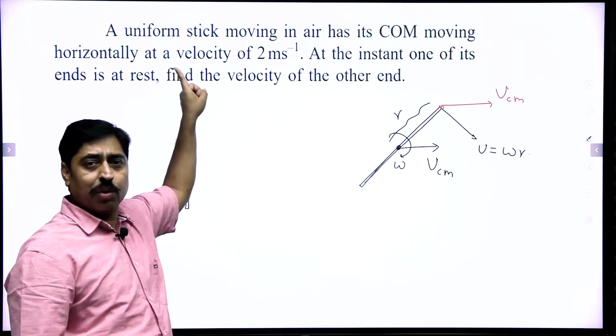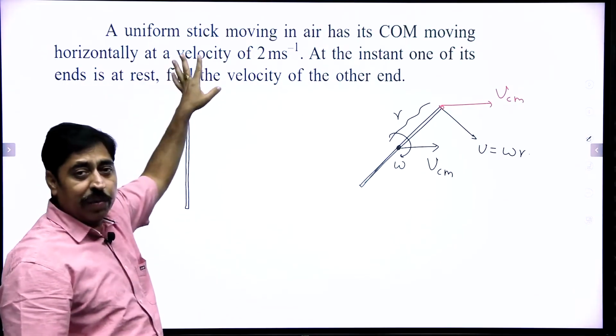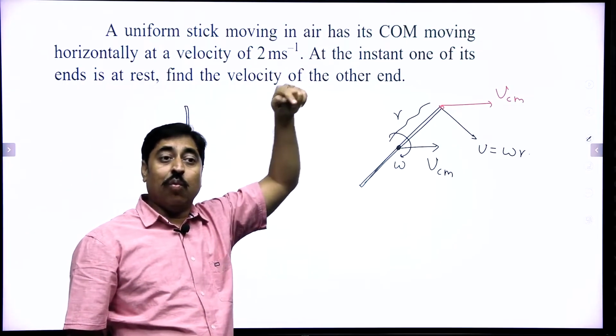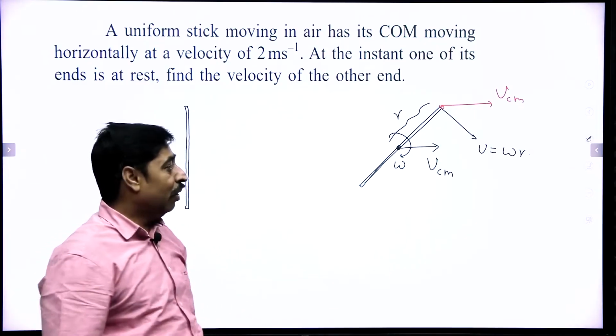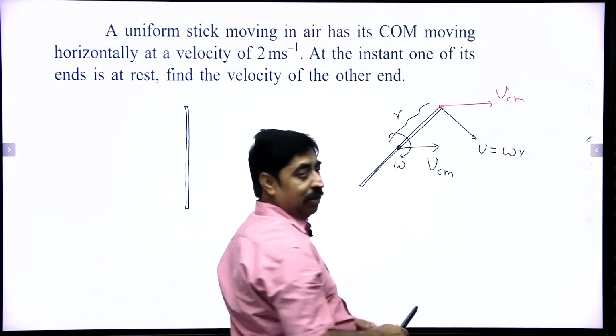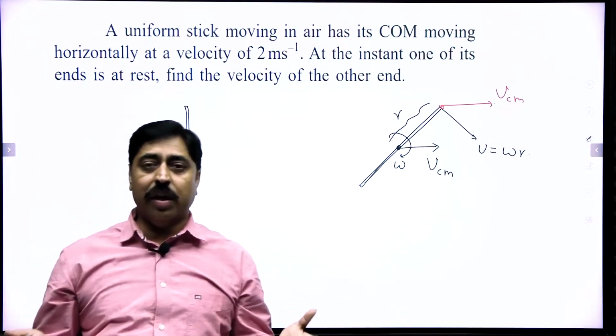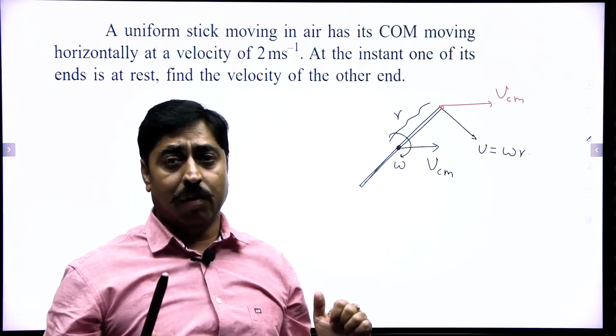But what does the question say? The stick is moving in such a fashion that one of its ends is at rest. Now, the resultant of such two vectors can never be zero.